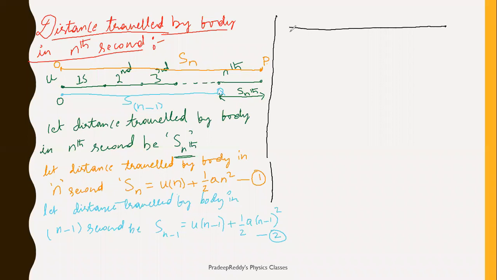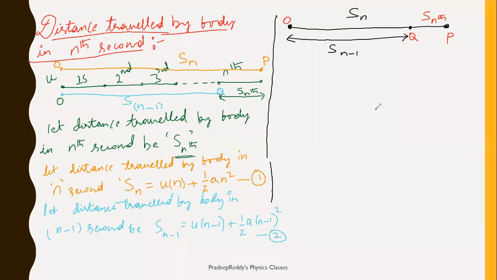The total distance traveled is this part, the distance traveled in n seconds. The length from here to here is S n minus 1. And this particular length, which is traveled in the last second, is S nth second. I name this as O, this as P, and this as Q.